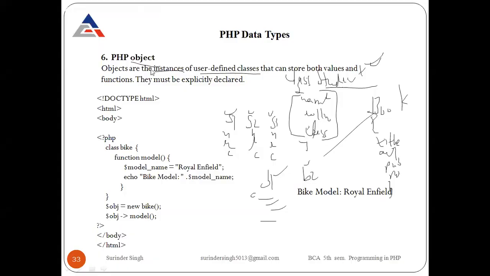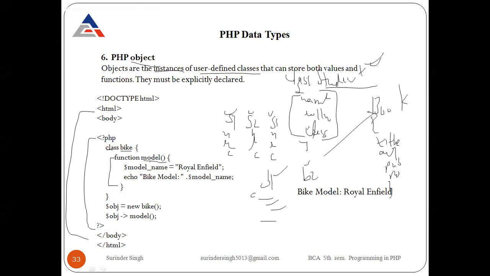Now we will see an example of this data type object. Here we have HTML tags, and here we have a PHP code. We have a class: first the class keyword, then the class name bike. Then in the class we have a function named model. For creating a function, you have to use the function keyword.